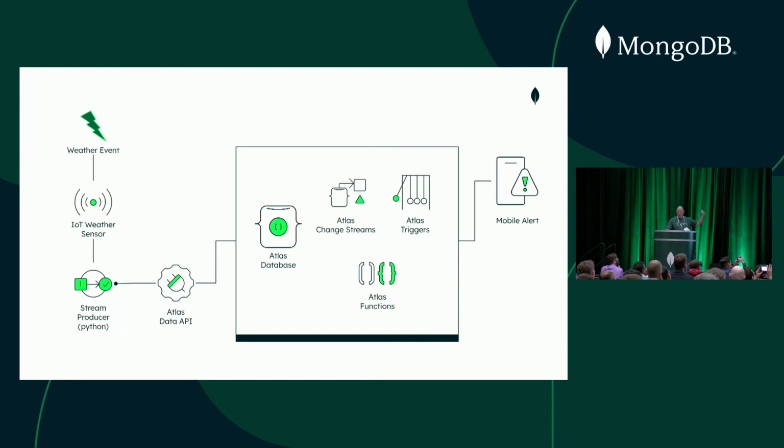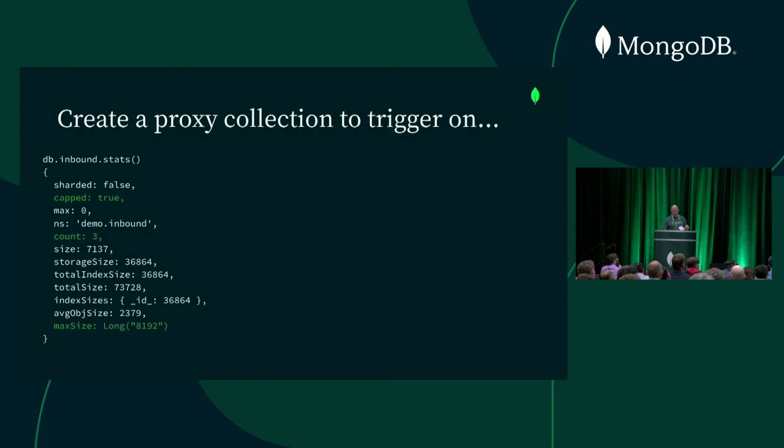Then we've got this Python stream producer, which is going to handle the REST communication to the sensor. Then it uses the Data API and pushes the data into Atlas, okay? Then we're going to use the Atlas database, a change stream, a trigger, and Atlas functions to process that and create a mobile alert. Now that seems like a lot of stuff, right? Like it's a lot of steps. But I'll show you it's pretty easy.